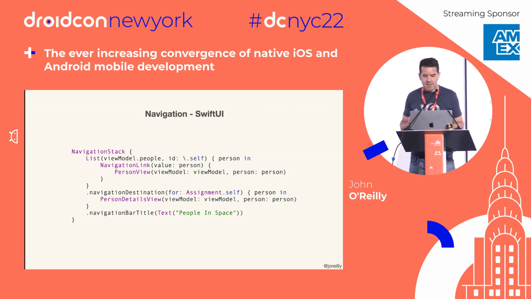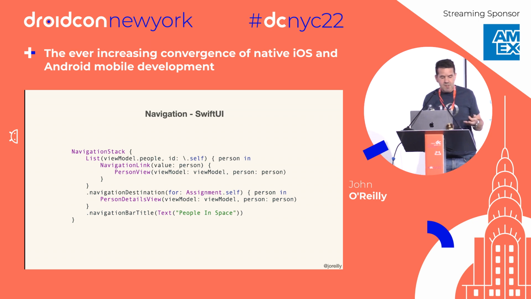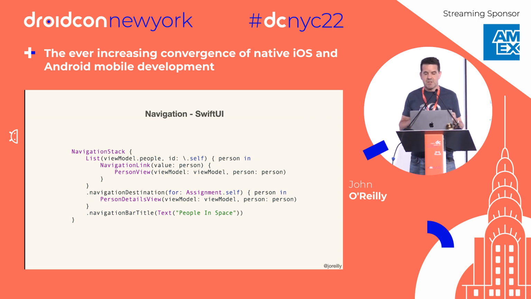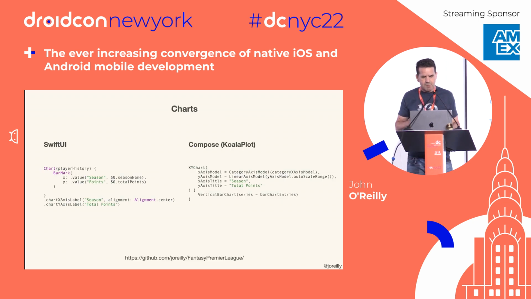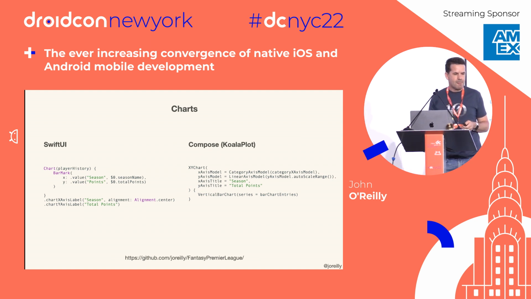Some differences still in that Compose uses a route-based approach, whereas SwiftUI maps to destinations using a data type, the assignment type here, for example, a different handling of start default destinations. But at least with these updates, I think the approaches are certainly more closely aligned than before.